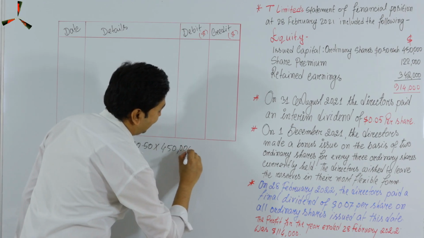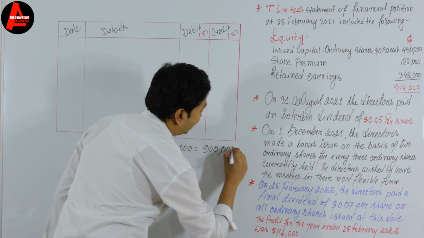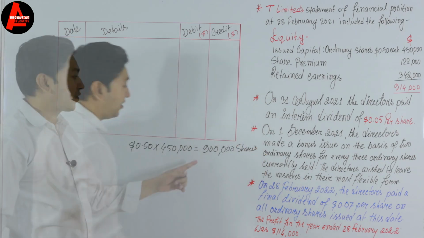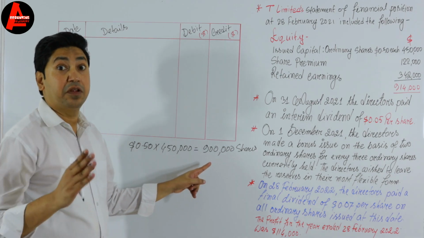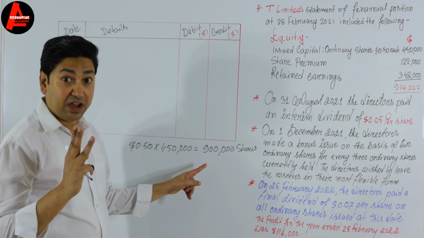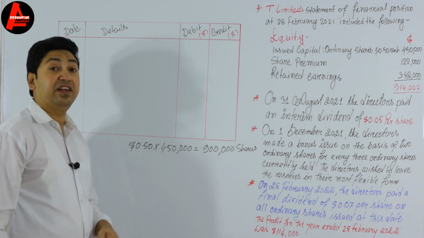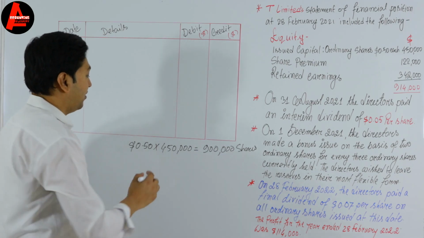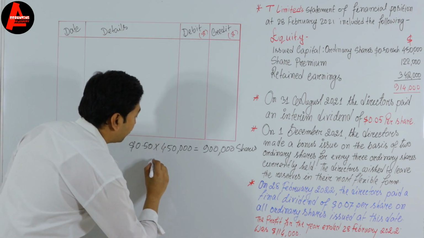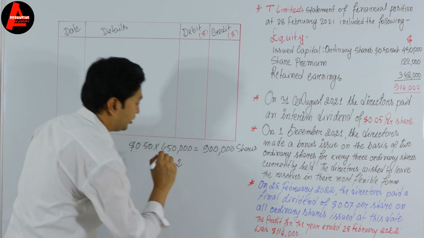$450,000. So here we see 900,000 shares. Now for these 900,000, if 2 shares for every 3 ordinary shares, how many bonus shares will there be? For 3 ordinary shares, there are 2 bonus shares.